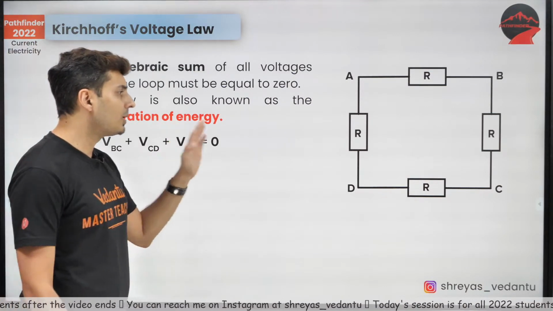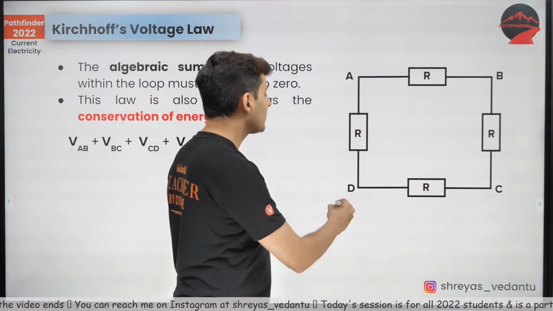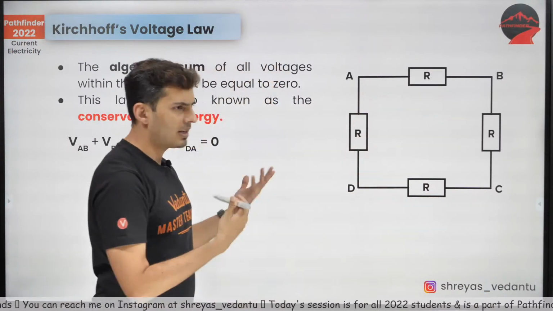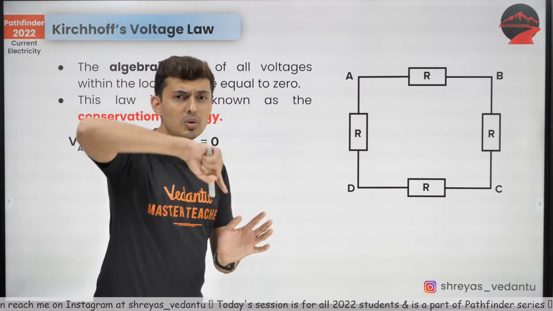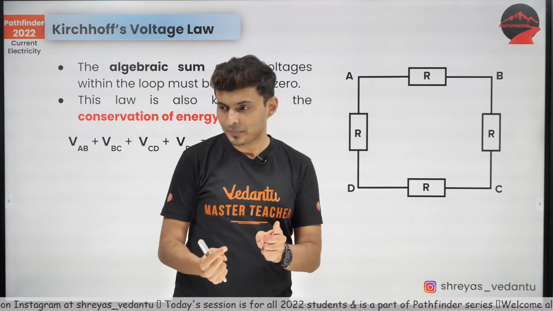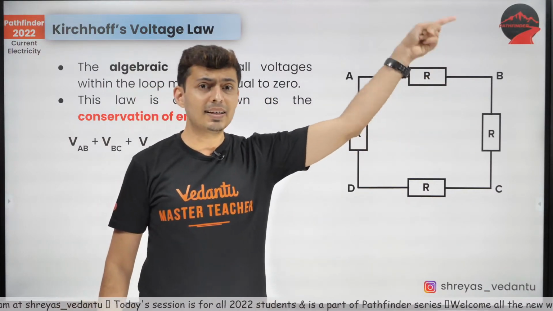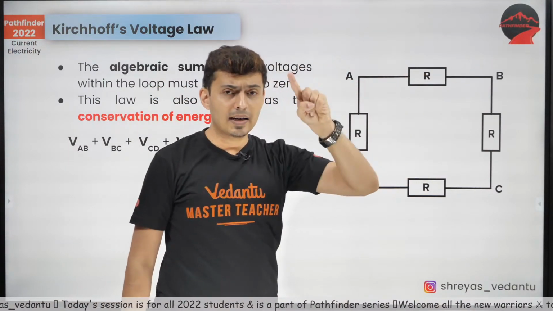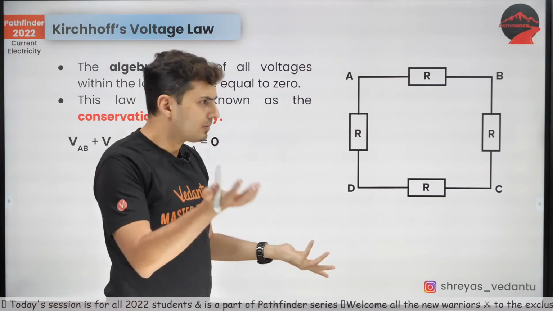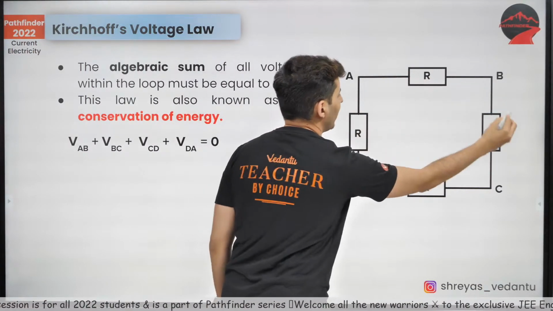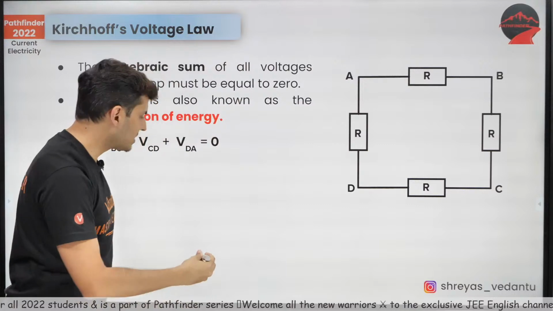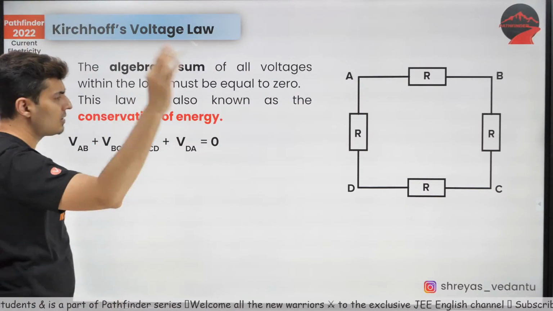So what is Kirchhoff's voltage law? In Kirchhoff's voltage law, you take a complex circuit and in that circuit choose a starting and the ending point and then cover that entire circuit, or maybe a part of that circuit, via some path. Maybe it's a complex circuit. There might be hundreds of things.